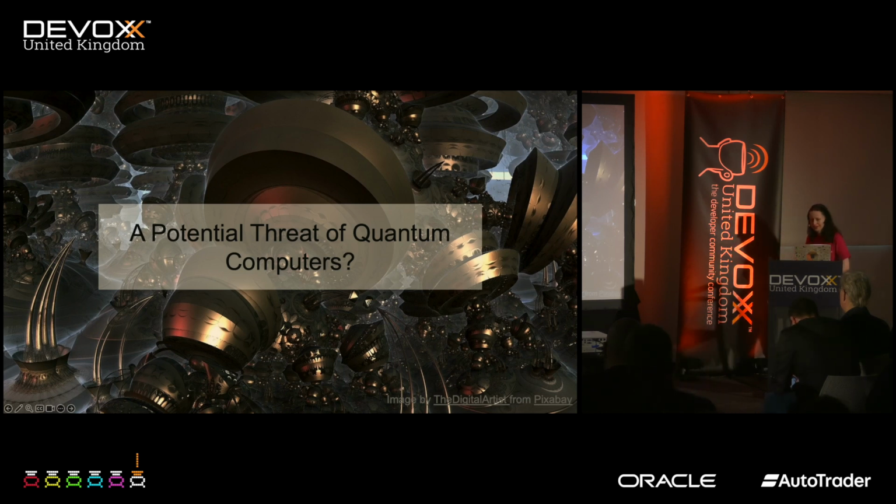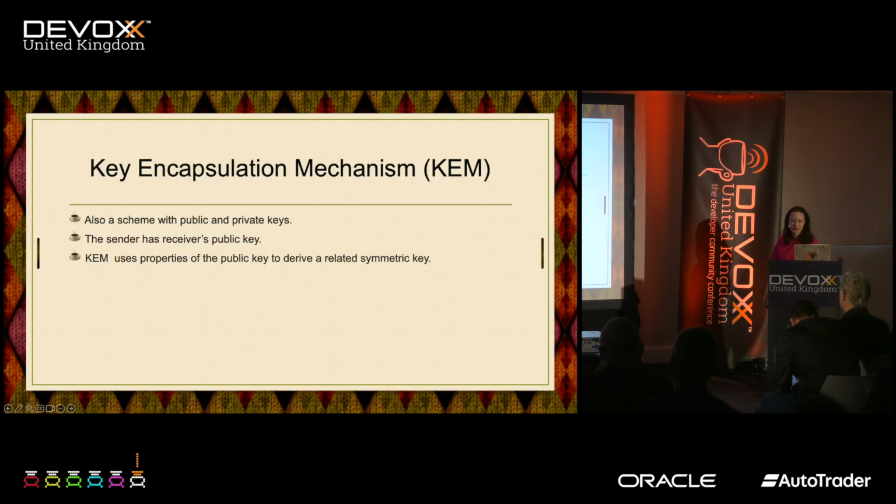And going back to quantum computers, we have a new API that is securing symmetric keys using public key cryptography, and that is called the Key Encapsulation Mechanism API. In JDK 21, this Key Encapsulation Mechanism API became available, with a JEP on it.